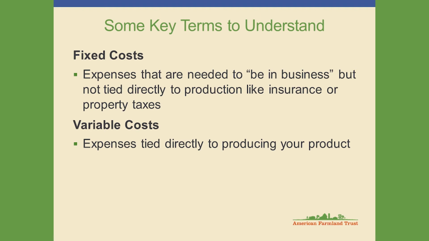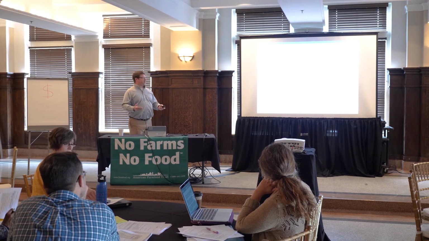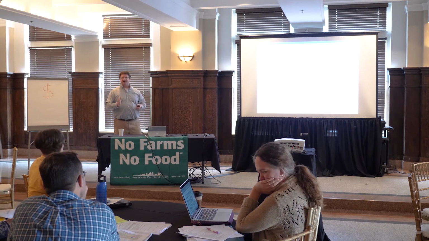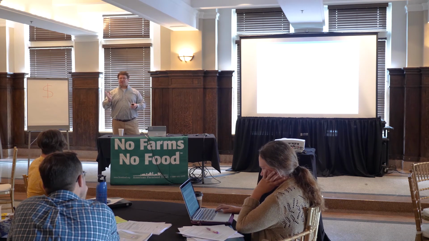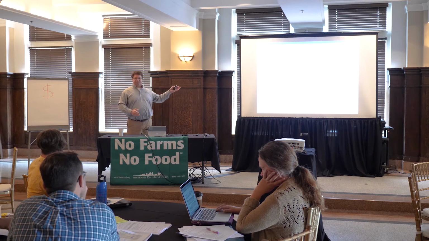Your variable expenses, on the other hand, are expenses tied directly to producing your product. So for example, if you're a greenhouse and you're producing hanging baskets, your variable expenses would be things like production labor, the cost of the pots, the cost of the media, the seeds for your flowers. Things that are directly tied to producing your product. And those tend to increase on a straight line basis as you increase your production. So if you grow 10 hanging baskets, you're going to have expenses related to 10 of those.